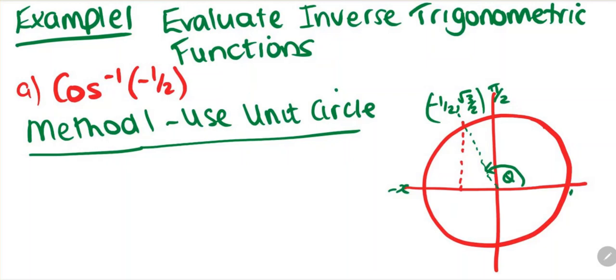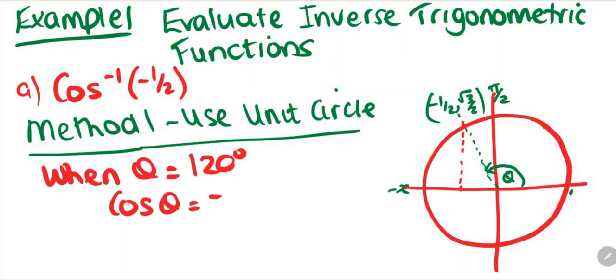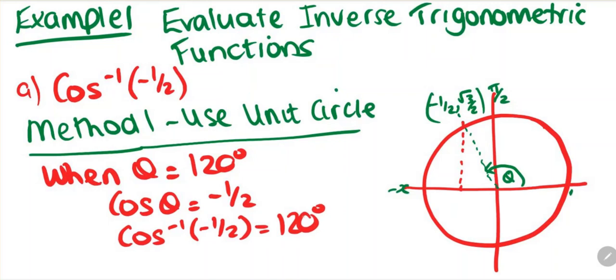So this would be 180 minus our angle. So this is 120. So we'll say when theta is 120 degrees, cos of theta is minus a half, and so we can say cosine to the minus 1 of minus a half is 120.